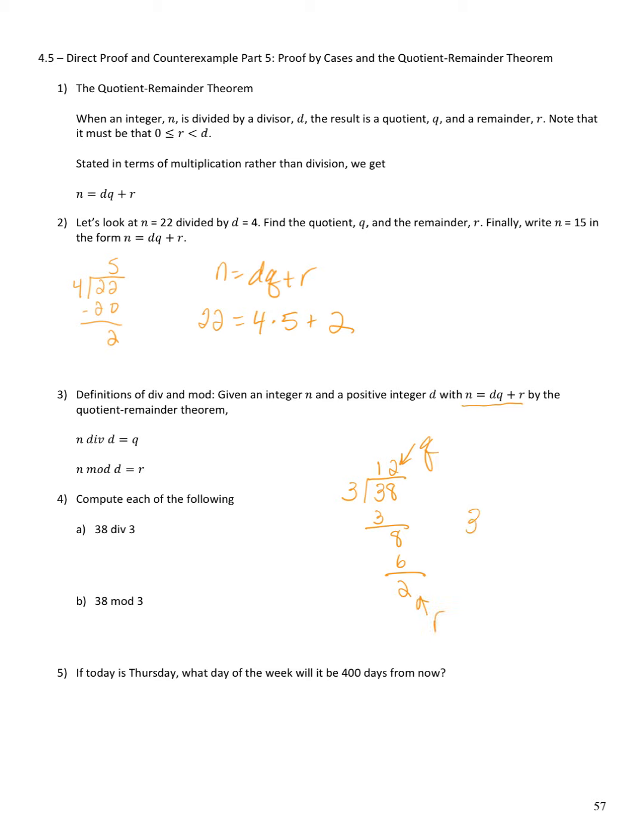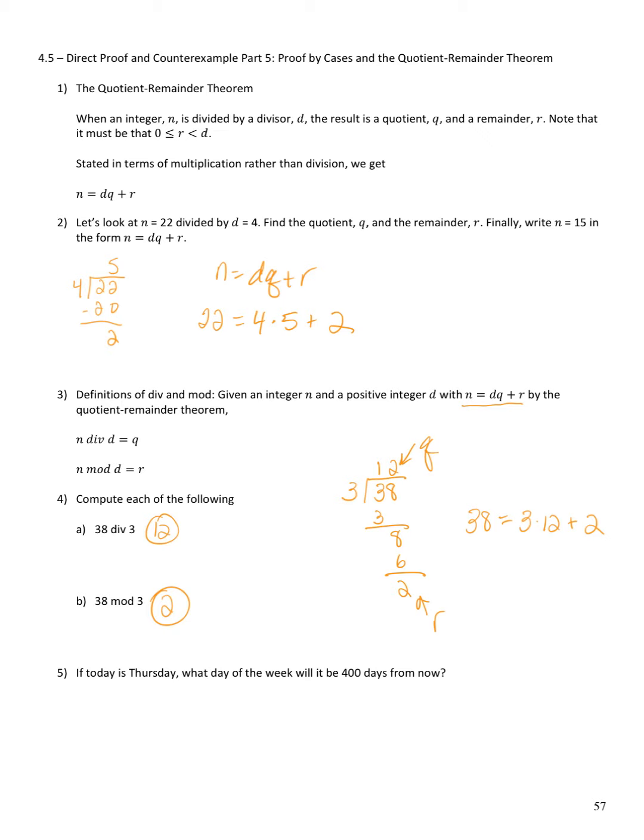I can say 38 equals 3 times 12 plus the remainder 2. That is true: 38 is 36 plus 2. The quotient q is the answer to the div question, and the remainder r is the answer to the mod. So 38 div 3 is 12, and 38 mod 3 is 2.